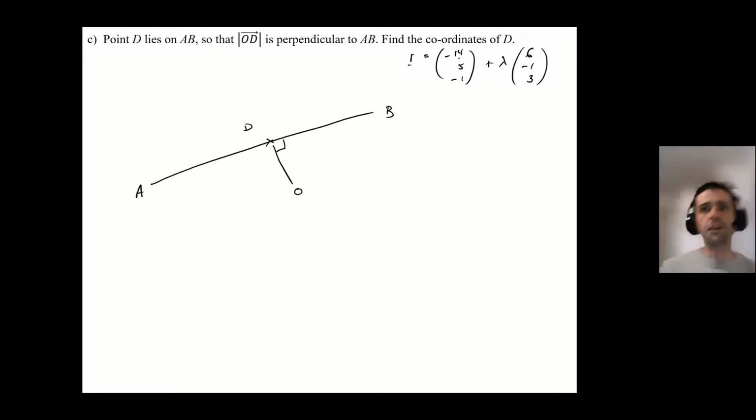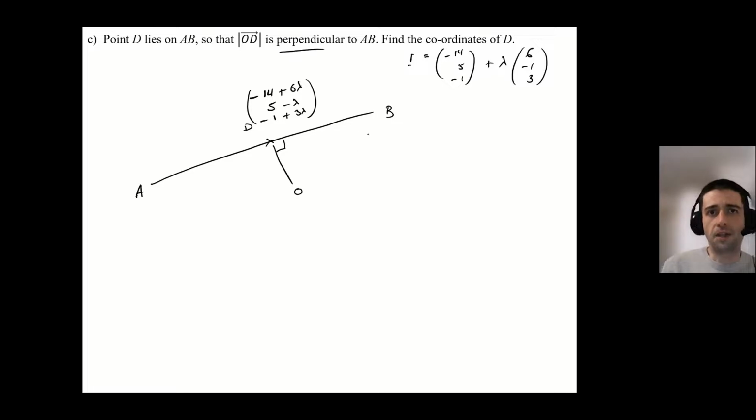Now we're trying to find the coordinates of D. We don't know those coordinates yet, but we do know that D lies on the line A to B. So what I can do is define this point D using the equation of the line. So the x coordinate is -14 plus 6 lambda, the y coordinate is 5 minus lambda, and the z coordinate is -1 plus 3 lambda.